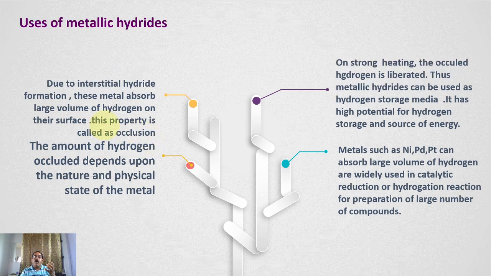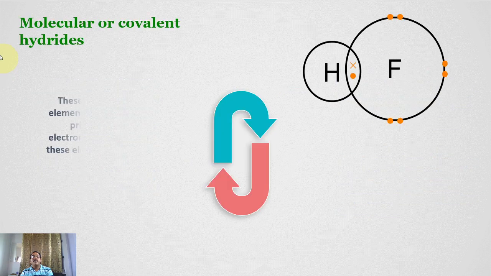The amount of hydrogen occluded depends upon the physical state of the metal, temperature, pressure, etc. If you heat it, this hydrogen will be liberated, which can be used as a strong reducing agent and also a source of energy. Metals such as nickel, palladium, platinum can absorb large volumes of hydrogen and are widely used in catalytic reduction. These are the uses of metallic hydrides.